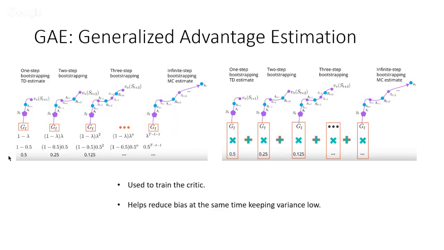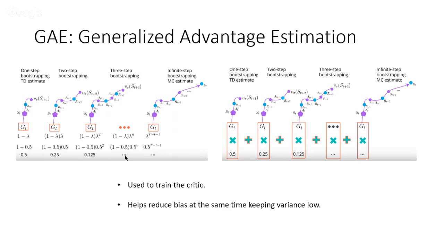For each type of bootstrapping, you compute an individual expected return, one step, two steps, separately, and then you combine all of them. You take a weighted average of all of them and put them together.